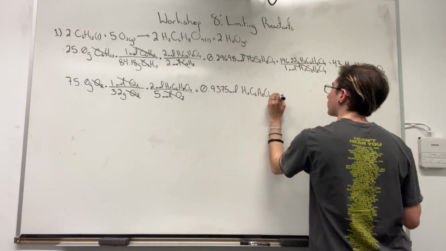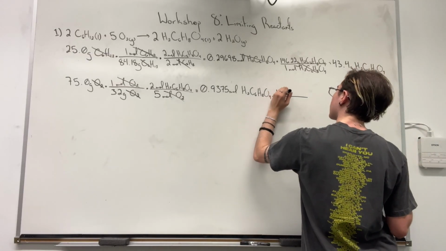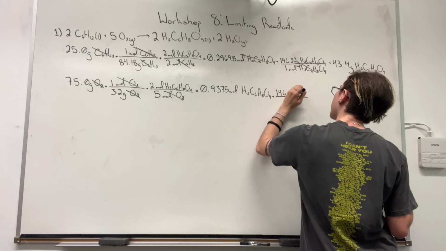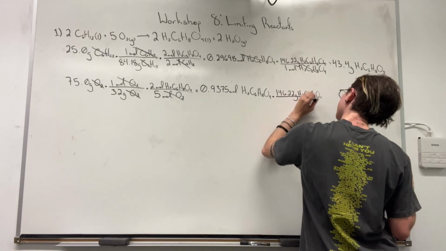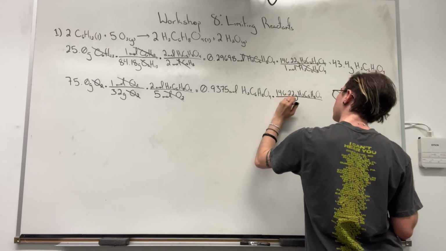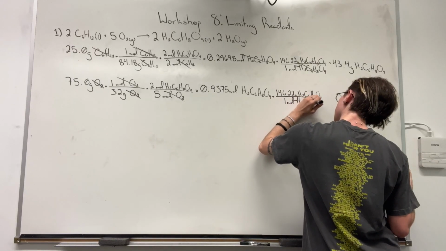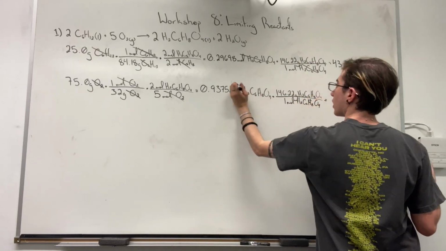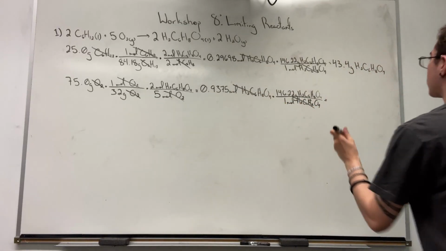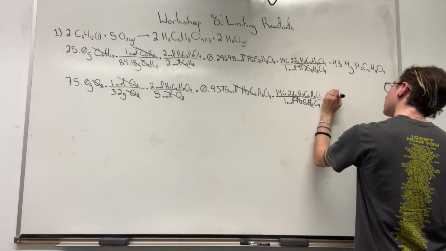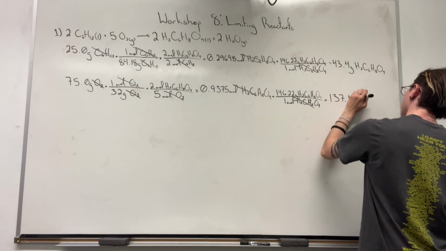And again, we have to convert to mass, so 146.22 grams for every 1 mole. And so our oxygen produces 137.1 grams of our acid.